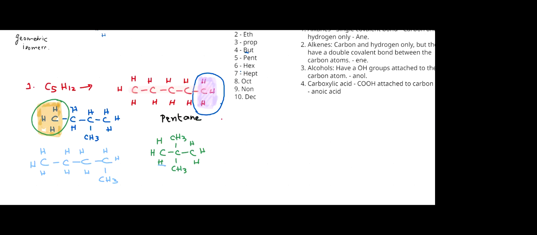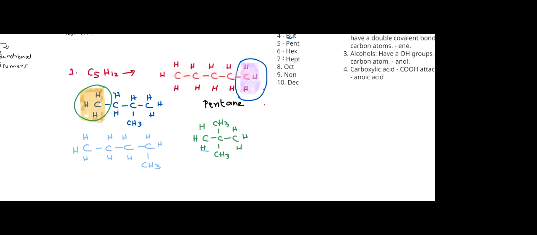Now, let's go on to the second one. Let's try to name the second one, and I want you to do this with me. If I ask you to draw the longest continuous chain, how many carbon atoms can I have in my longest continuous chain? I can make it like this or like this, two possibilities.